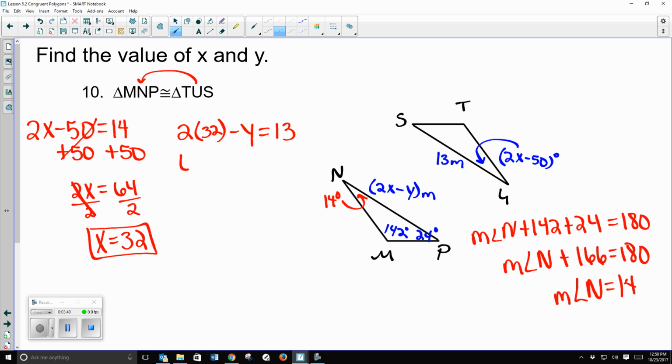So that's 64 minus y is equal to 13. Subtract 64 from both sides. What is that, 51? If negative y equals negative 51, then positive y equals 51. Or you can just show where you divide through or multiply through by negative 1.